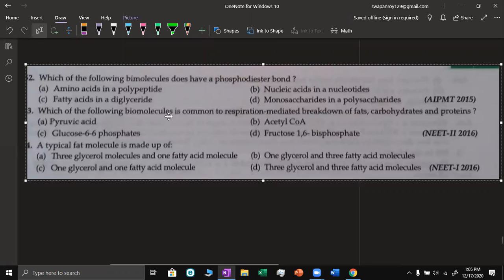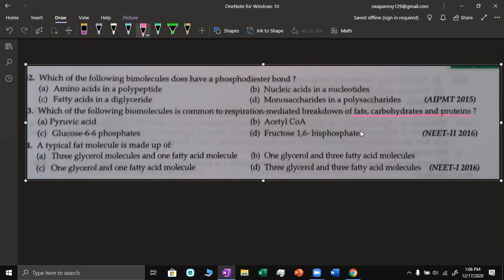Which of the following biomolecules is common to respiration mediated breakdown of fat, carbohydrate, and protein? Pyruvic acid, acetyl coenzyme A, glucose 6-phosphate, fructose 1,6-bisphosphate. I think we did this one perhaps.